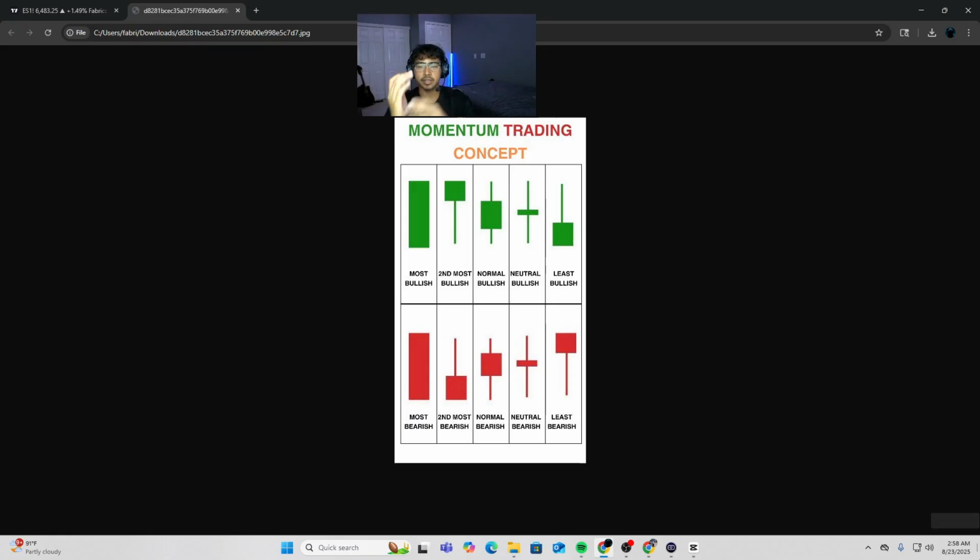Just understanding this, how I said it. You'll see this candle at the bottom, and then you'll see this one at the top, and this one at the bottom. And then right here you'll see the normal and neutral ones.